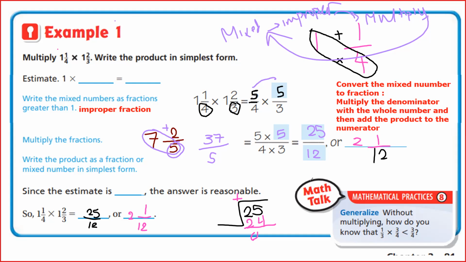So in order to convert, you have to divide the numerator by the denominator. Then the quotient is the whole number, the remainder is the numerator, and the divisor is the denominator.